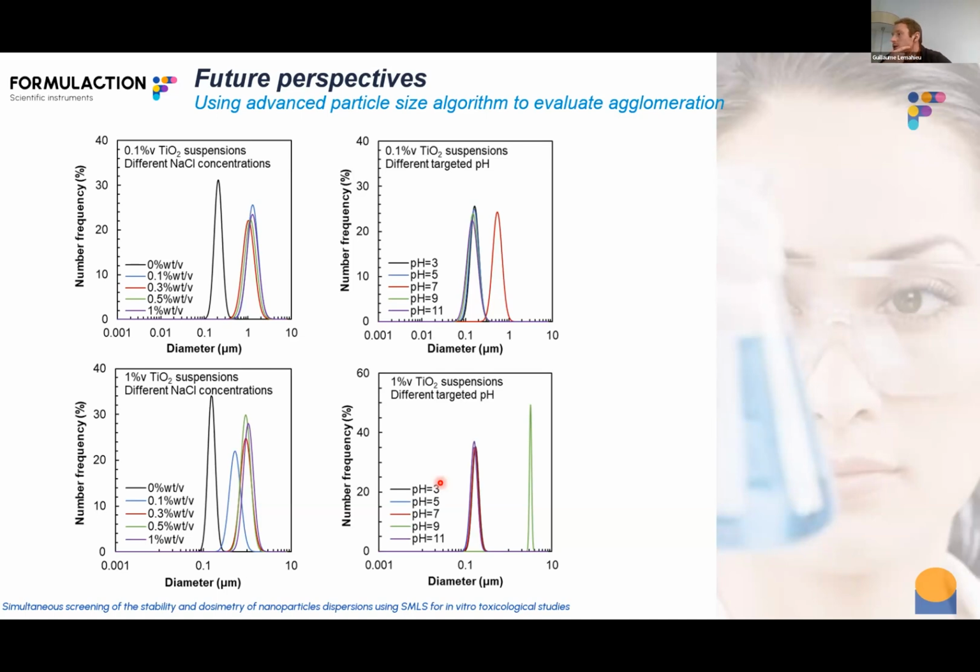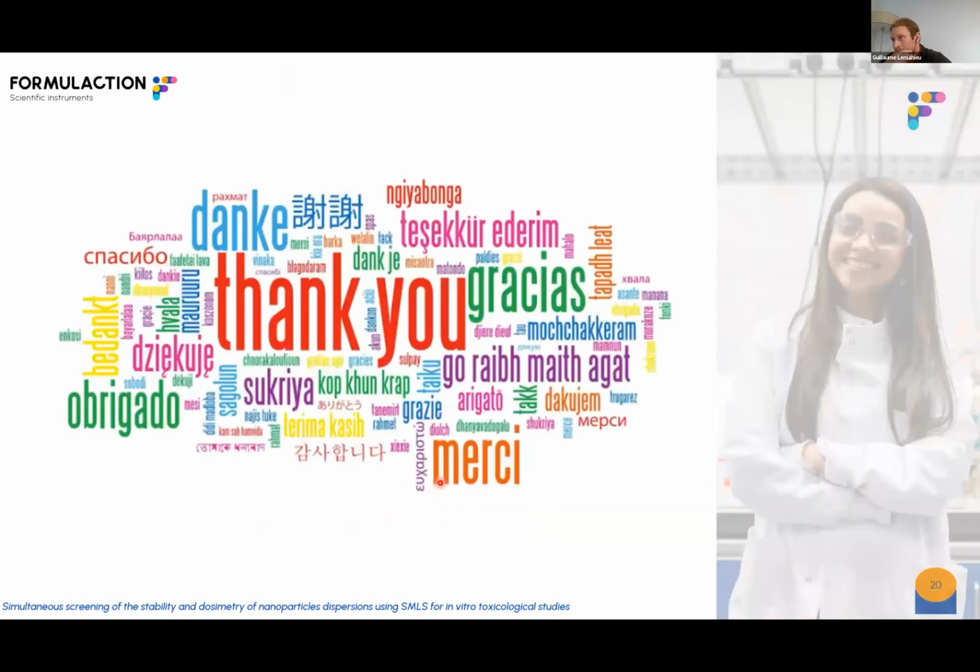So I think this technique is quite an asset to ensure that the sample is really well dispersed and in the best conditions to make toxicological studies afterwards in a good way.